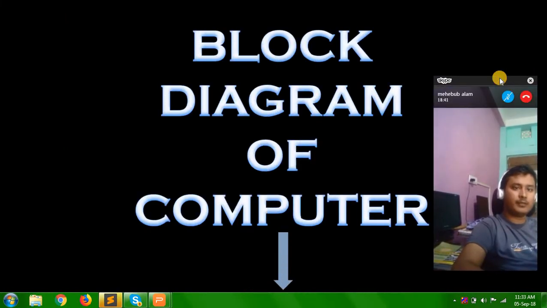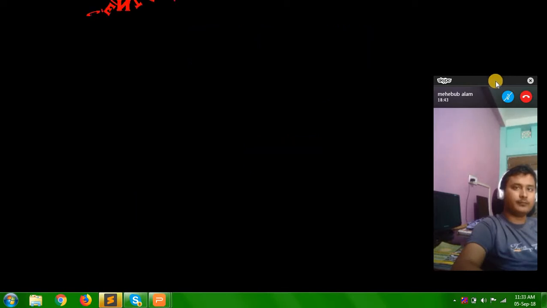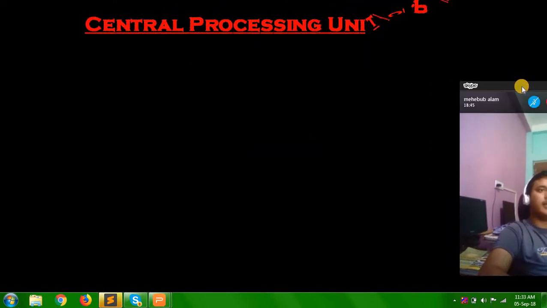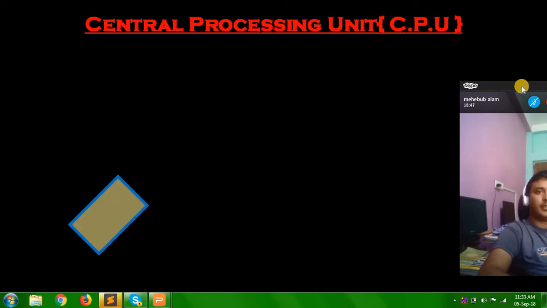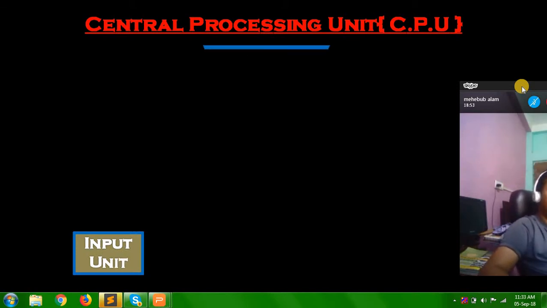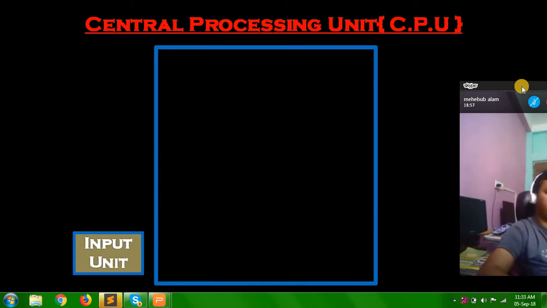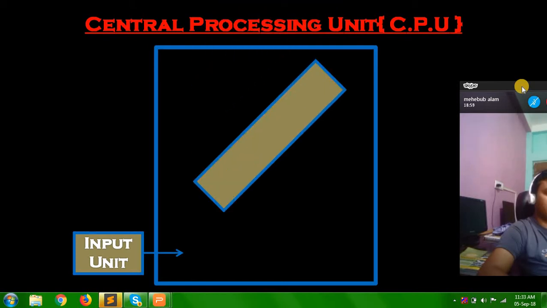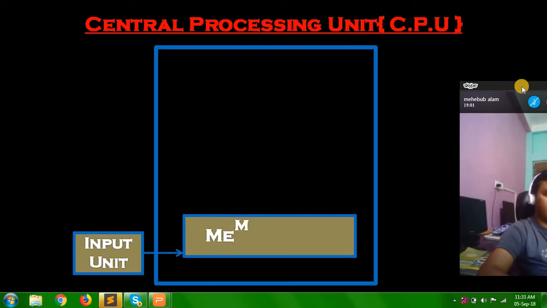Block diagram of computer. Central processing unit. CPU means central processing unit. Input unit sends data to the memory unit.